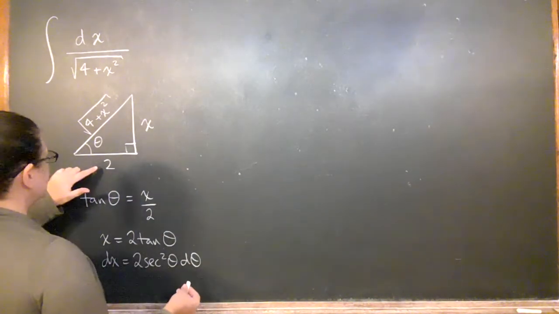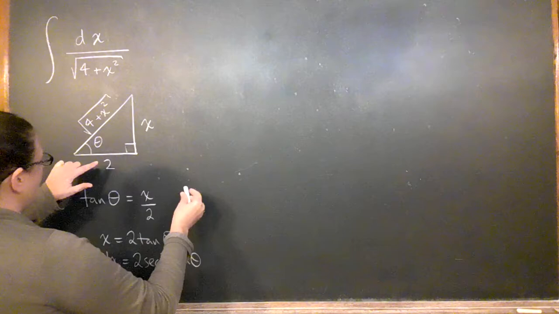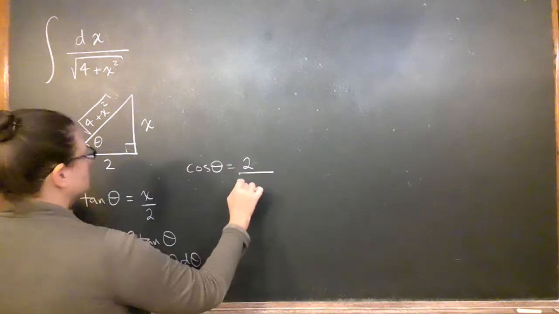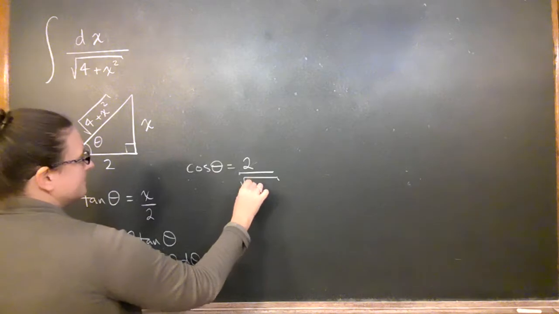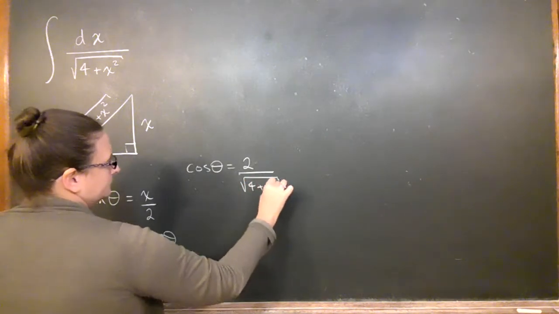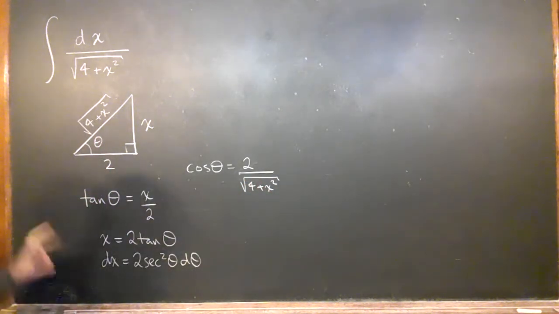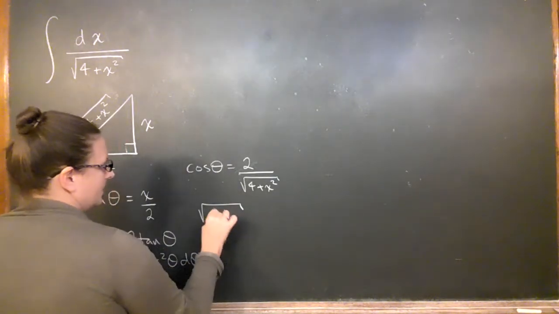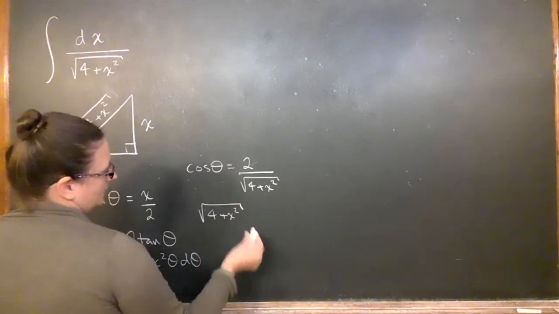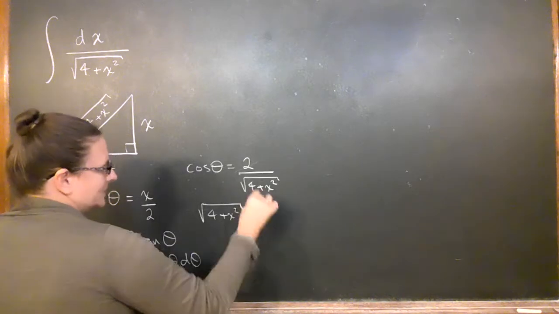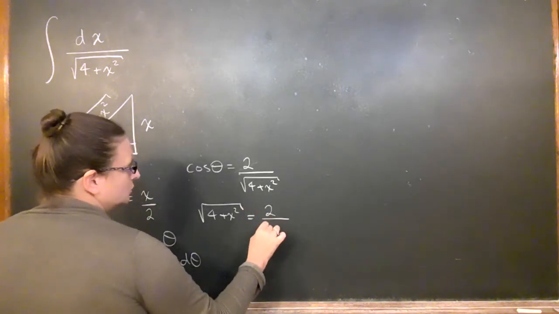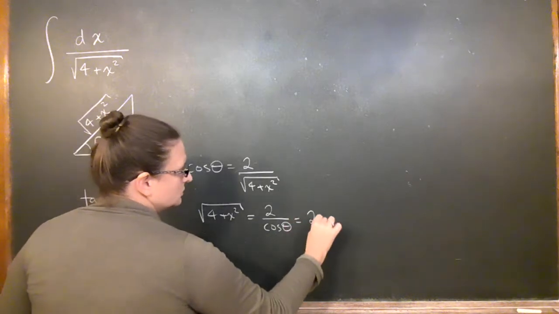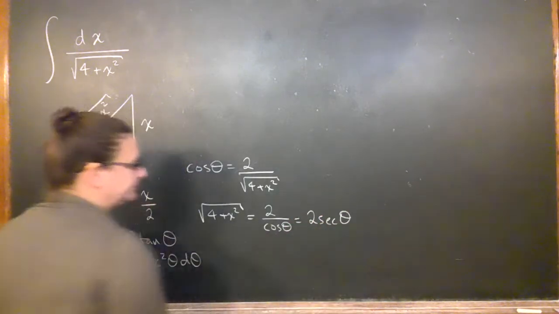So I can see that if I do cosine, I go 2 over the square root, or maybe I am savvy enough, I've done this enough, I can see that actually the square root is secant, right? Because I can write it this way: 2 over cosine, which is 2 secant theta.